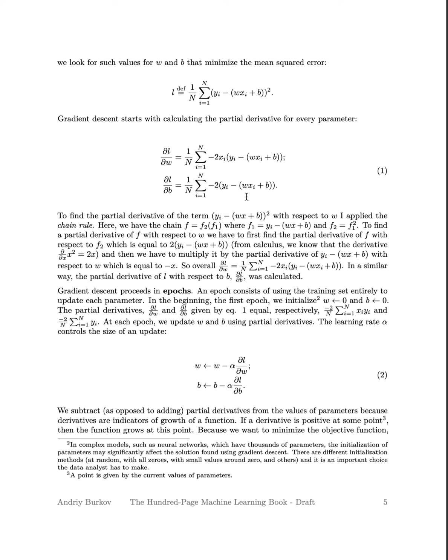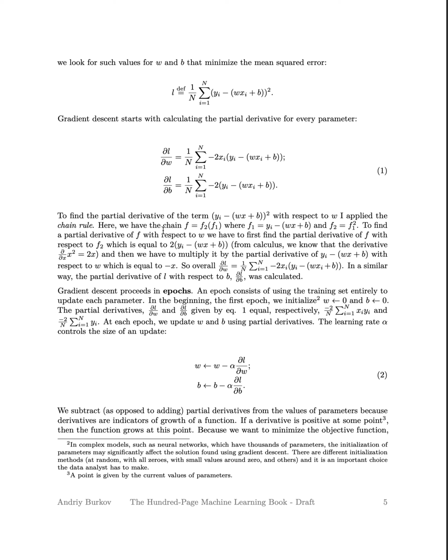So overall it turns into 2 times yi minus wx plus b, times minus x. So this becomes minus 2x times yi minus wxi plus b. In this way we calculate the partial derivative for weight and bias.